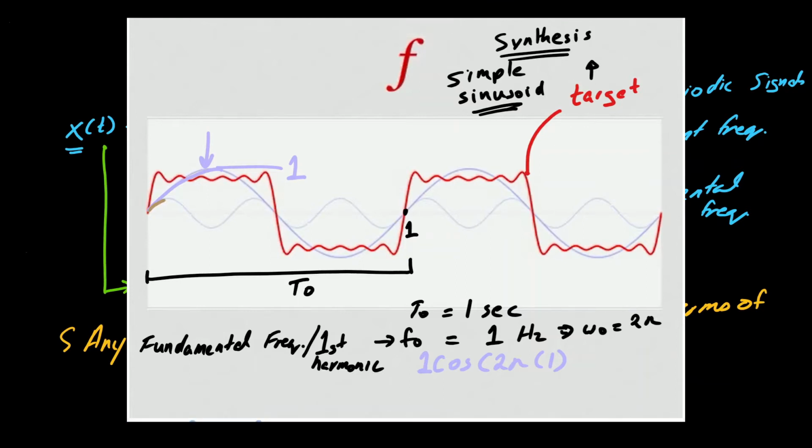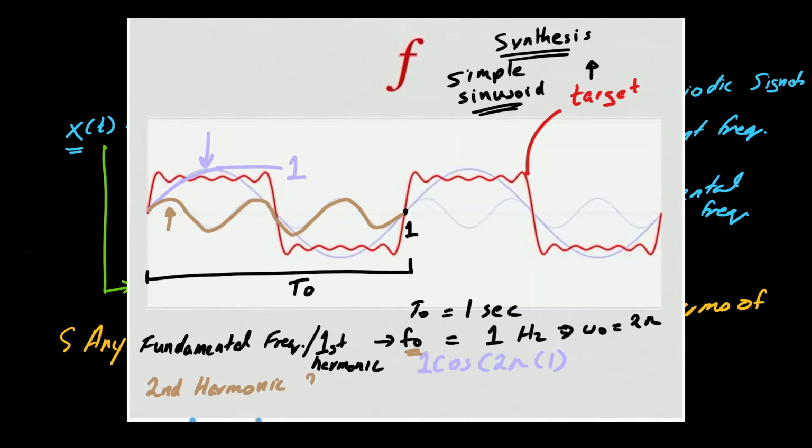But we also have this signal over here, which is appearing at this point, and this signal is actually completing 2 cycles in this given time period, that is of 1 second. We say that this signal has the frequency which is twice than that of the fundamental frequency. So this formulates our second harmonic.